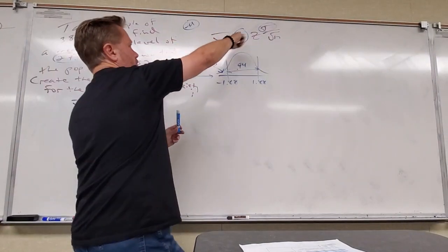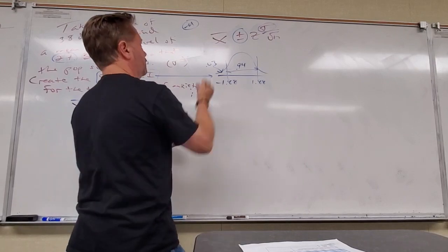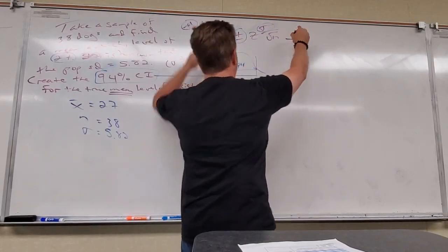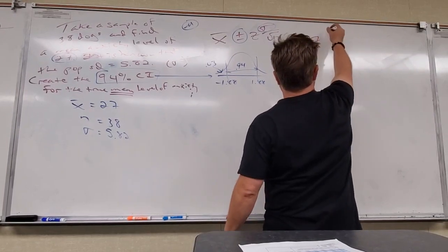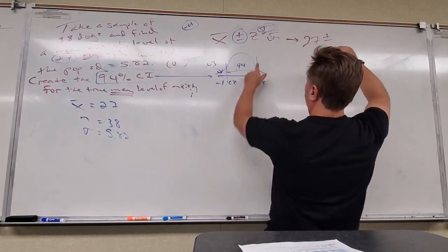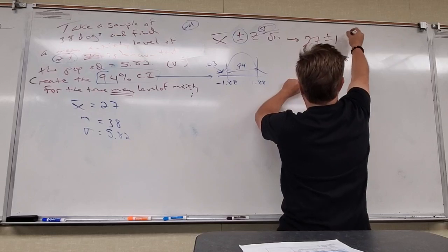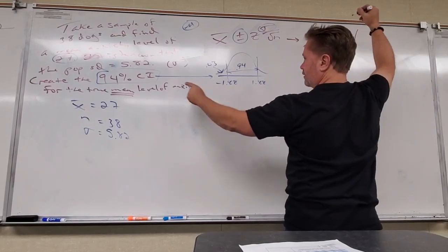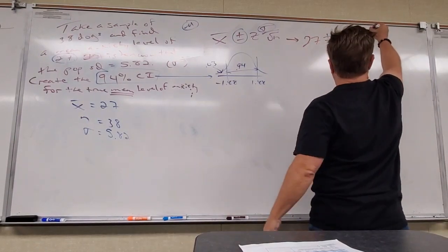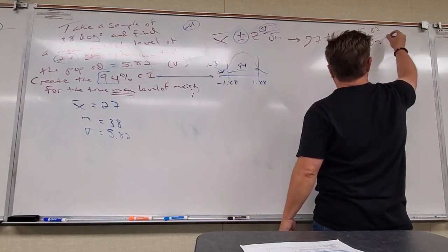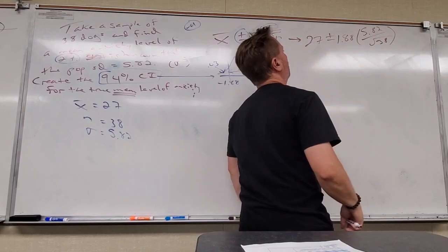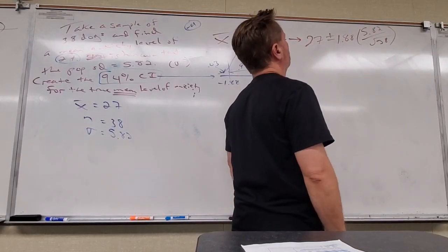So now we can actually construct the formula. So what's the formula going to look like now? X bar, 27, give or take 1.88 of the standard deviation, which is 5.82 divided by the square root of 30. Let's see.